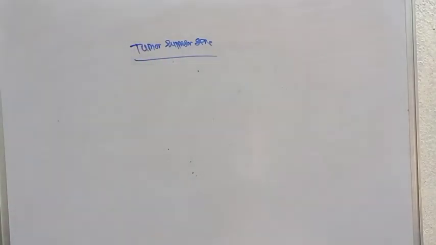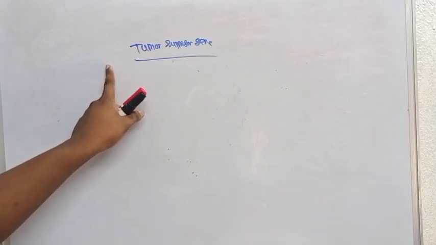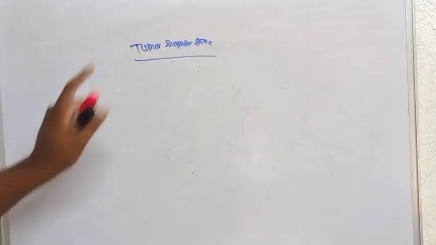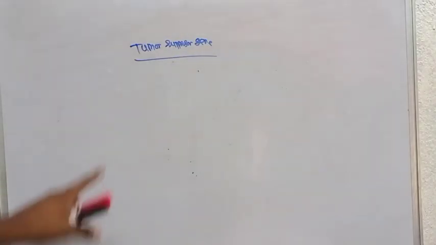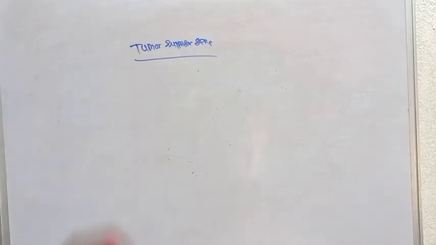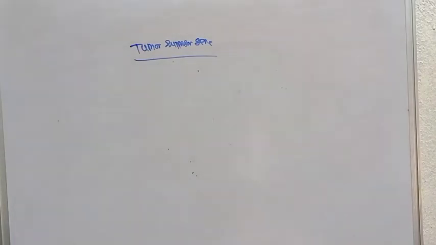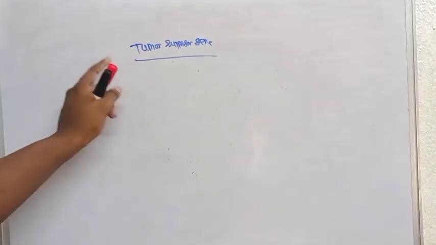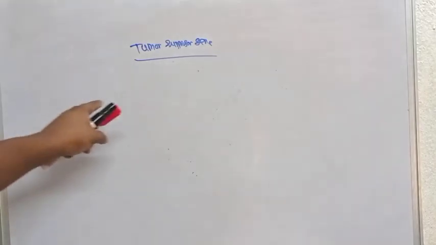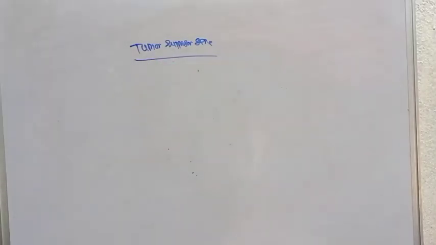This gene inhibits excessive cell proliferation and excessive cell growth. These are the most beneficial genes, which inhibit the formation of cancer. But if this gene is mutated or inactivated, then cancer will be formed.